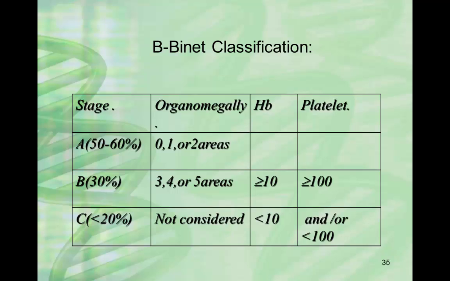Stage B is like stage A, but 3 to 5 involved sites and compromise of myeloid lineage. You have hemoglobin more than 10 and platelets more than 100,000. Stage C, you are like stages A and B, but the hemoglobin already drops to less than 10 and the platelets are less than 100,000. So as you progress, it's worse.